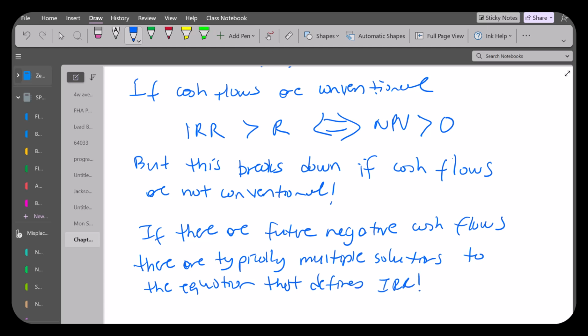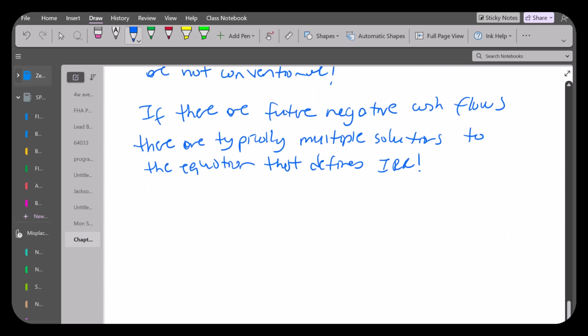Well, if there are two things that solve that equation, which one is internal? The entire question is ill-posed. So the concept of IRR does not mean anything. You can come up with a number, but it doesn't mean anything. Let's do an example.